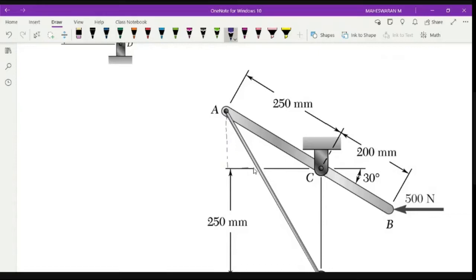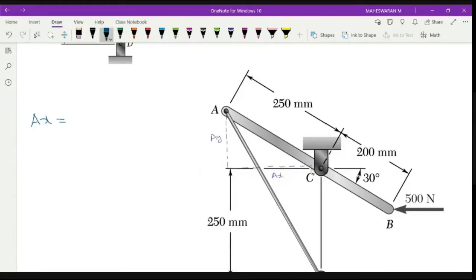So this is my horizontal, and we consider this as AY, because this is in Y direction. It's just a name. And this is AX. So let's identify what AX and AY are.